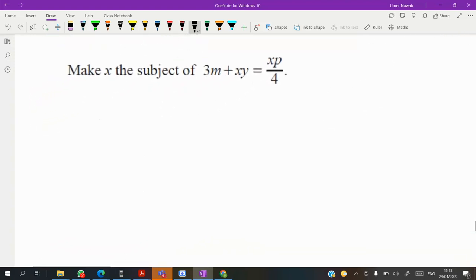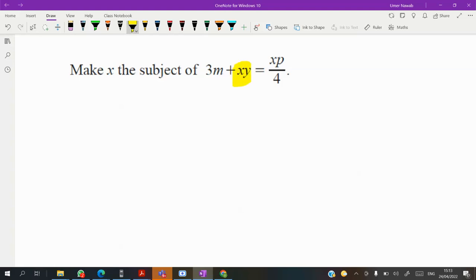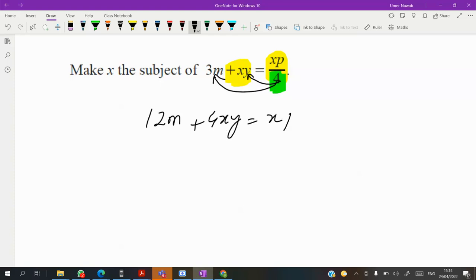Now, in this case, I want to make x the subject, and we have two terms containing x. The problem is this 4. We need to send this 4 here and multiply with both terms, so it becomes 3 times 4 is 12m, and 4 times xy is 4xy, equal to xp. Now this 4xy will be sent to the right hand side because there are two terms containing x.